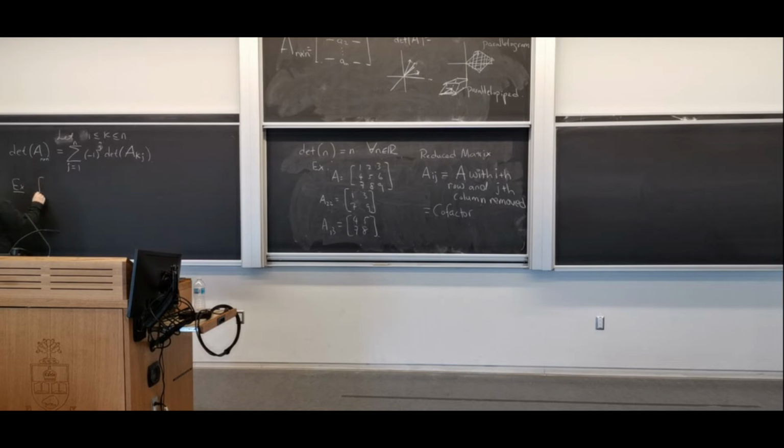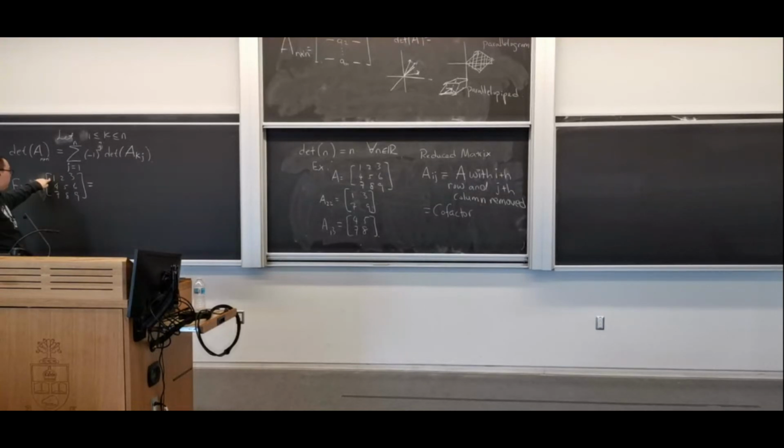So if we're going to calculate the determinant of 1, 2, 3, 4, 5, 6, 7, 8, 9. Right, what I do is I pick any row. In this case, any row doesn't really matter because none of them have a 0, so I cannot really save any step.